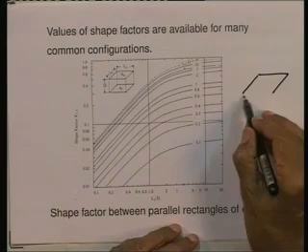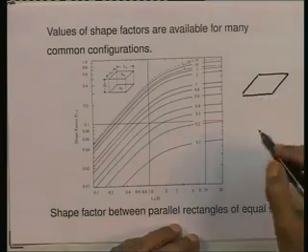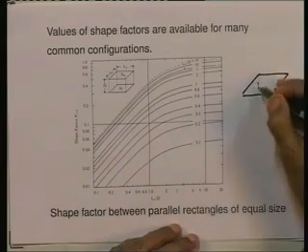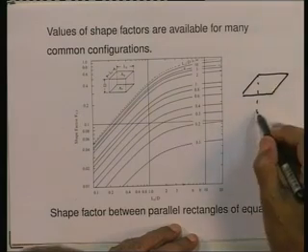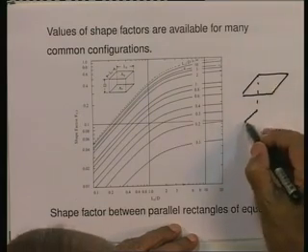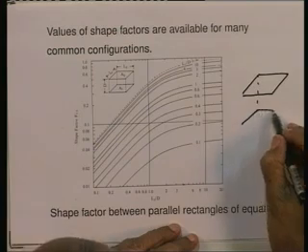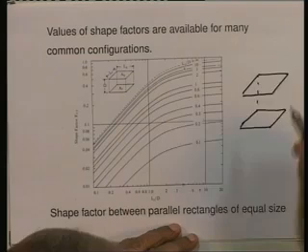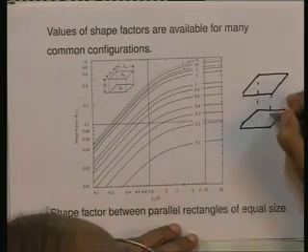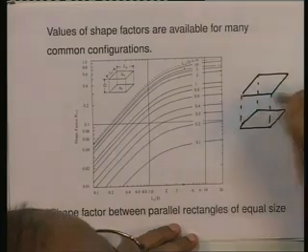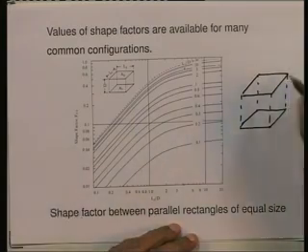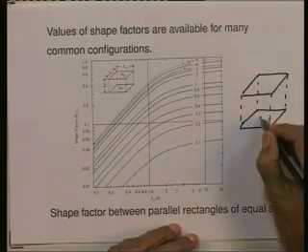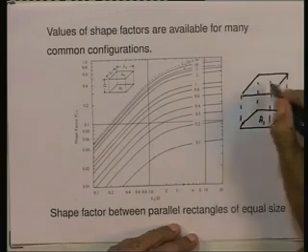One parallel rectangle could be this, all right, and the other parallel rectangle of equal size, which is below, is this, all right. I call this the surface 1, A1, and this 2, A2.